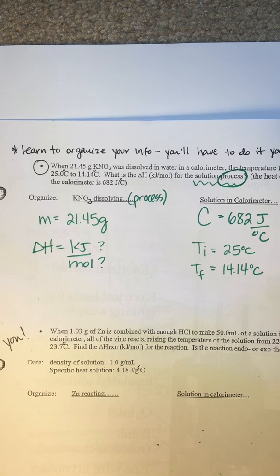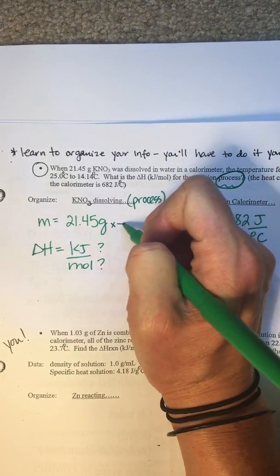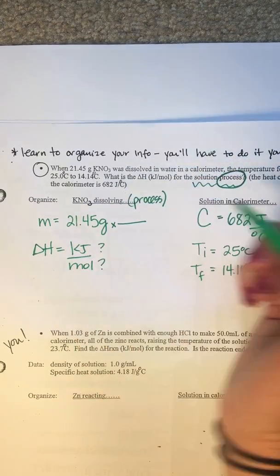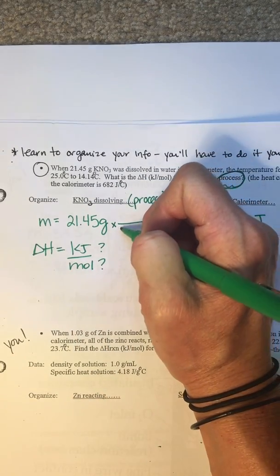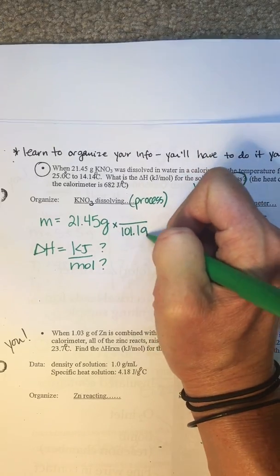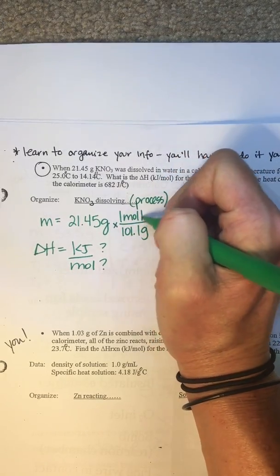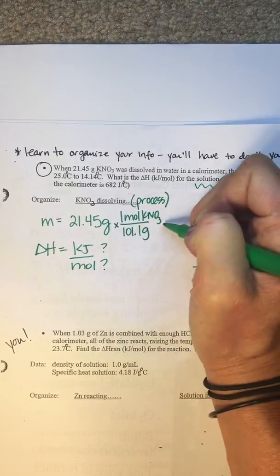We're going to need the molar mass of potassium nitrate. If you add that up, it's about 101.1, adding up 1 K, 1 N, and 3 oxygens from the periodic table. So we have 101.1 grams per 1 mole of potassium nitrate.